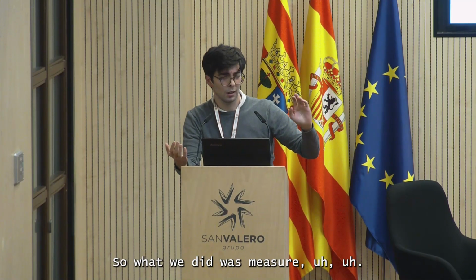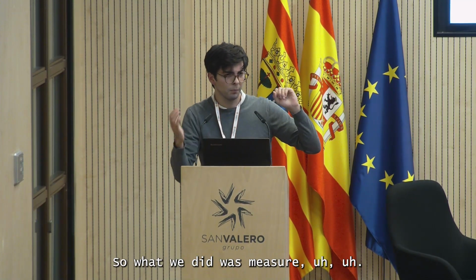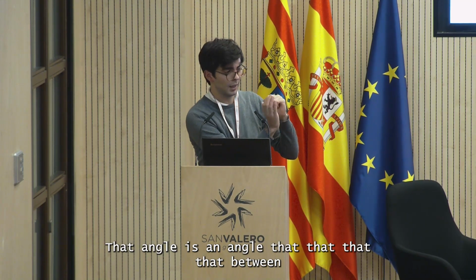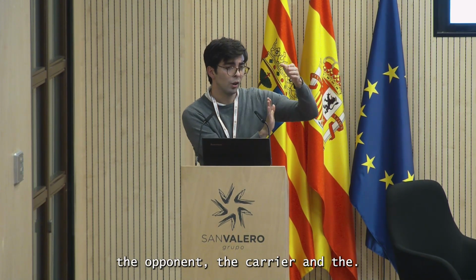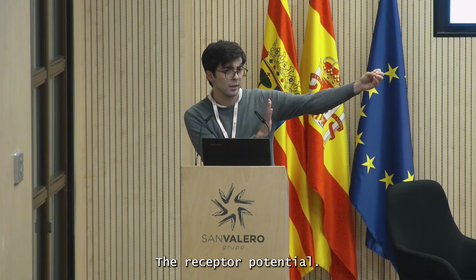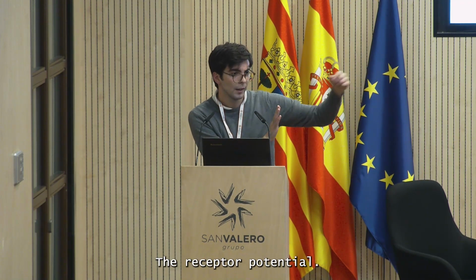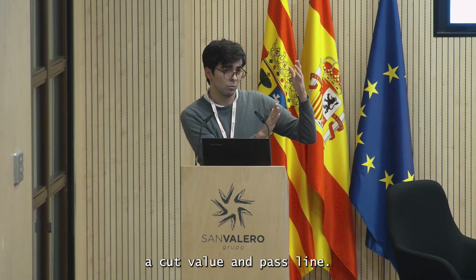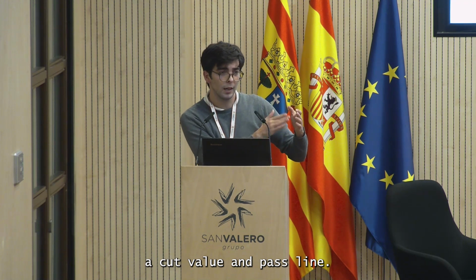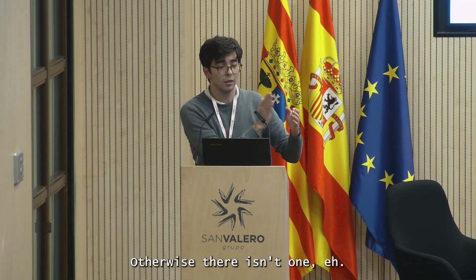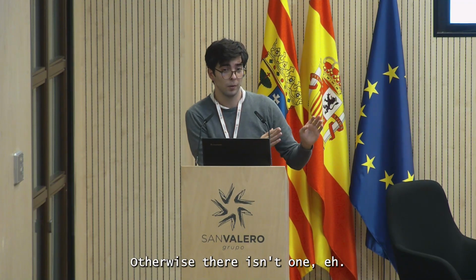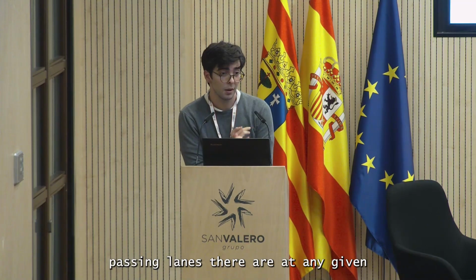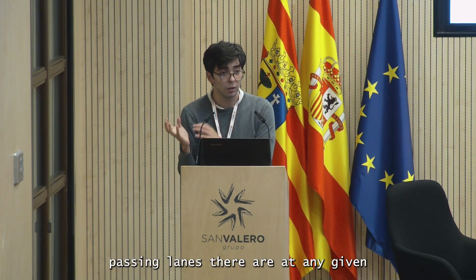Medimos un ángulo entre el oponente, el portador y el potencial receptor. Si este ángulo sobrepasa un valor de corte, hay línea de pase. Si no, no hay. Con eso conseguimos contar cuántas líneas de pase hay en cada momento.